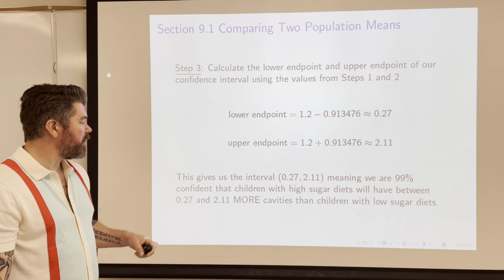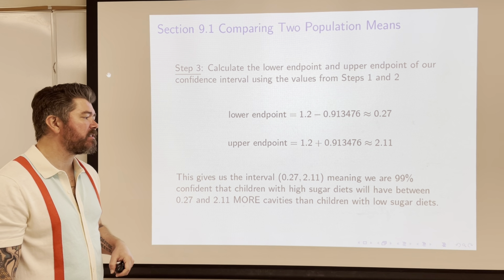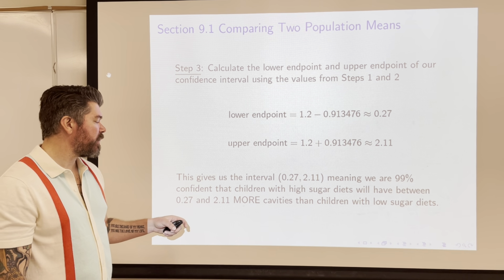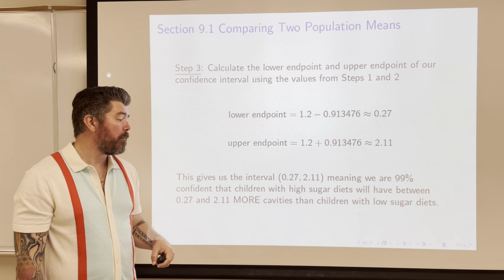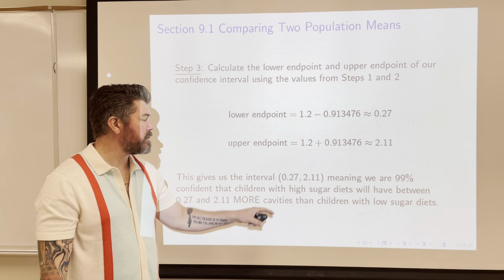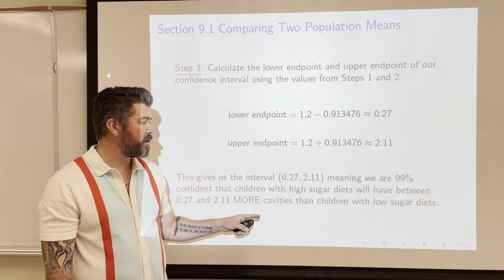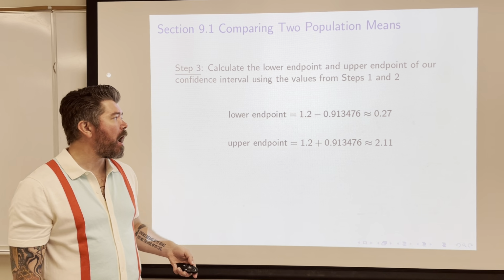This tells us that we are 99% confident that children with high sugar diets will have between 0.27 and 2.11 more cavities than children with low sugar diets. Now notice, these are positive numbers, right? So our range of values is positive.